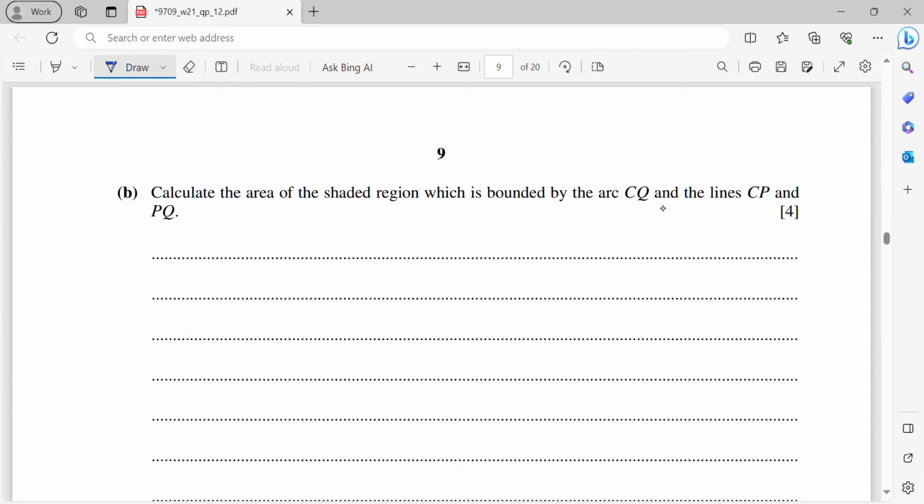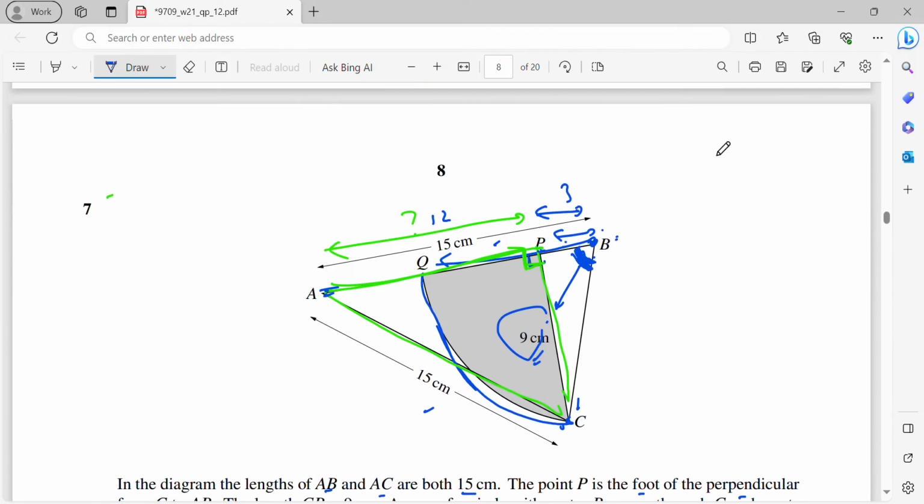Now for part B, calculate the area of the shaded region which is bounded by the arc CQ and the lines CP and PQ. Let's look at the diagram. Now, let me erase this first. From here, to get the area of the shaded region is basically the area of sector BCQ, then minus the area of this triangle.